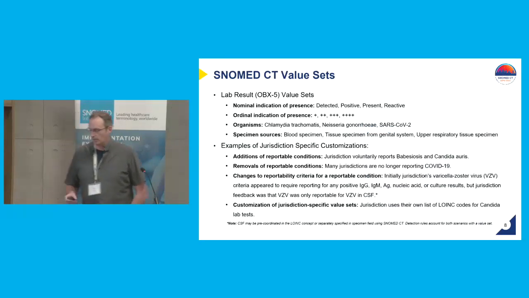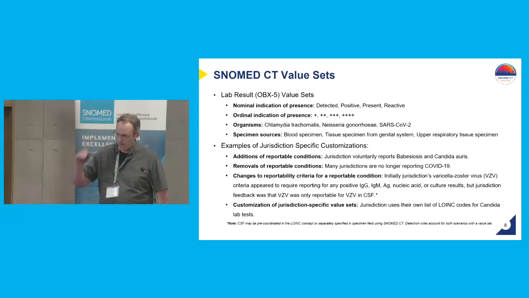All right, so now this is some detail on those value sets. SNOMED is used on the lab result part of this message, right? So basically there are 2 areas of focus: OBX3, where you identify the lab test, and OBX5, where the result is showing up.